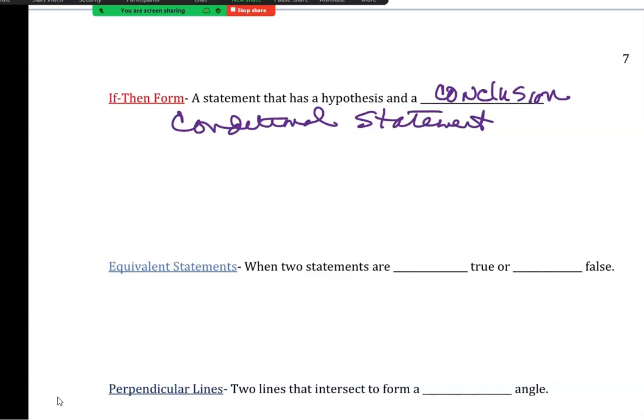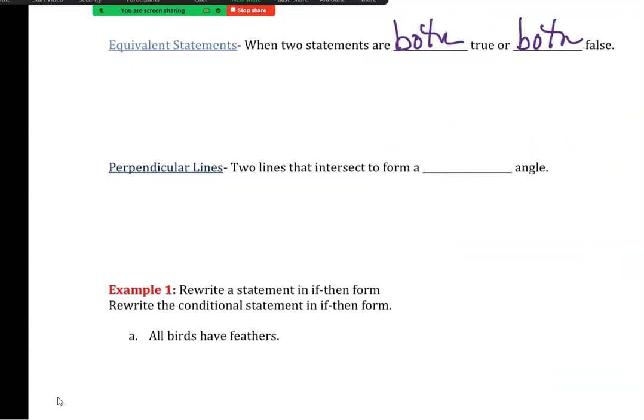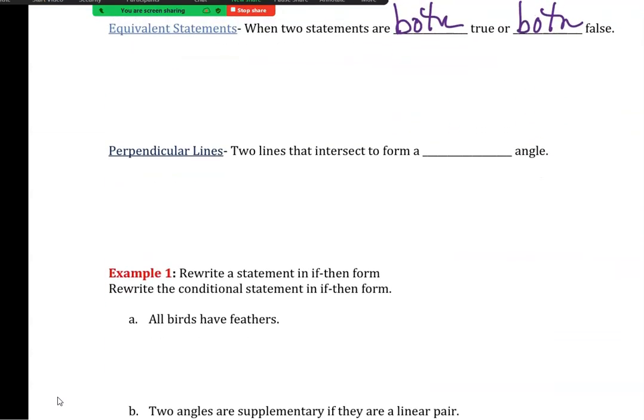Okay, things are equivalent when two statements are both true or both false. And then our last definition, perpendicular, there are two lines that when they cross, they form a right angle. Okay, so that's all our vocab. Now let's see if we can figure this out.